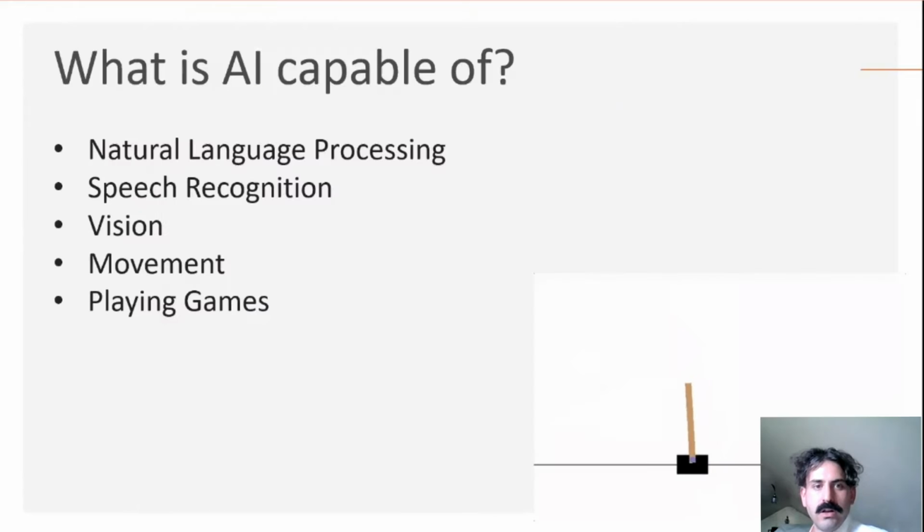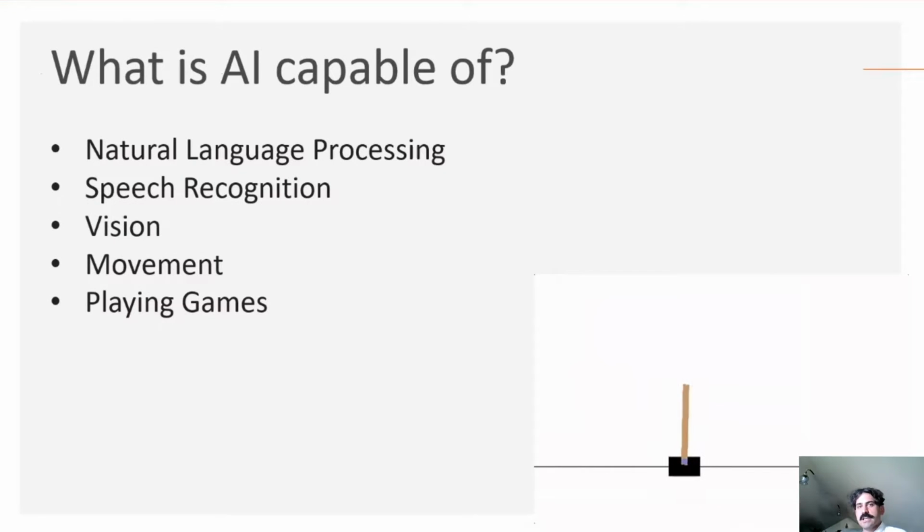Yeah. What is AI capable of? So far, it's capable of quite a lot. Natural language processing, which is content extraction, classification, machine translation, question answering, and things like that.